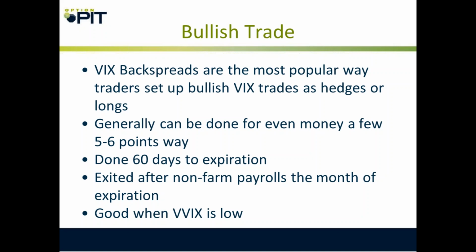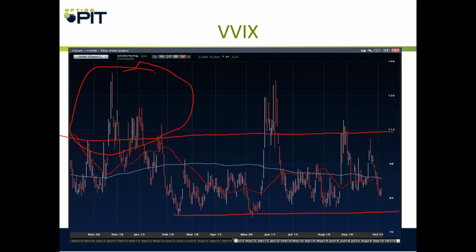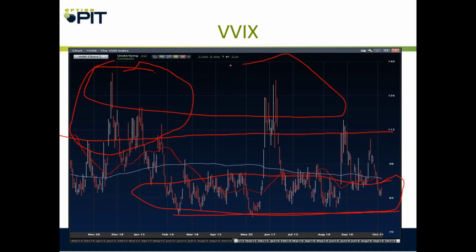It's done with 60 days to expiration. And typically, if it's set up as a hedge, I exit after non-farm payrolls the month of expiration. And these are especially good when VVIX is at the low range. So when VVIX is down in here, I like these back spreads. When it's up in here, no thanks.